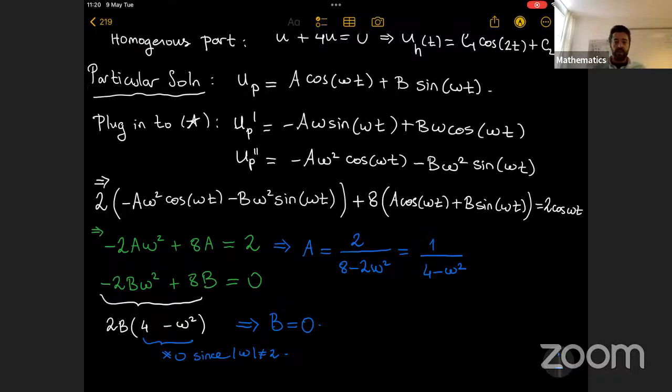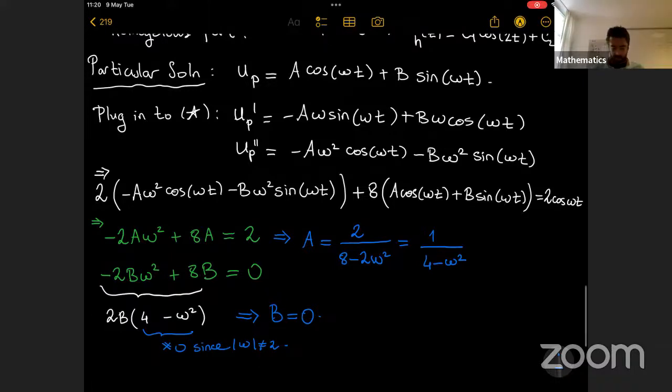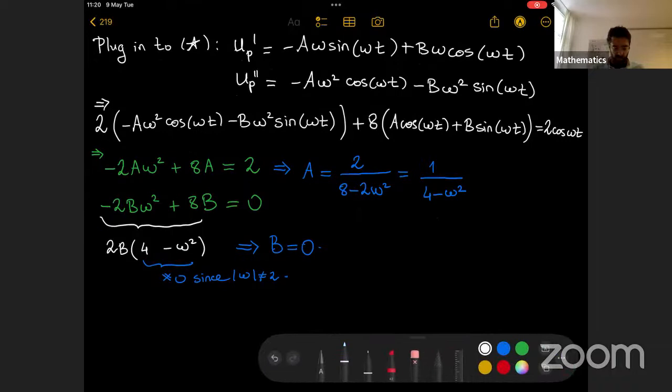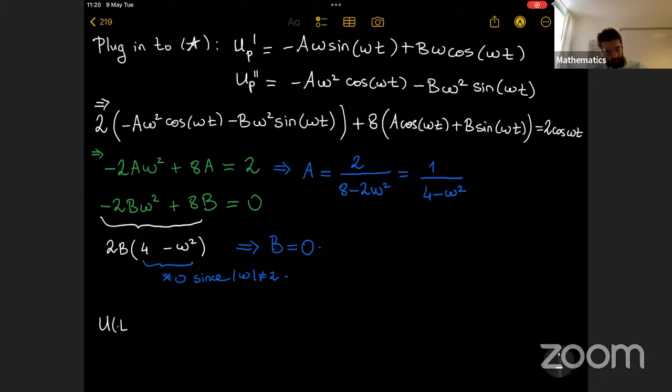Okay. Now, we know A and B. W is a constant, so we can plug back into the equation u of t. u of t is simply the homogeneous plus particular solution.